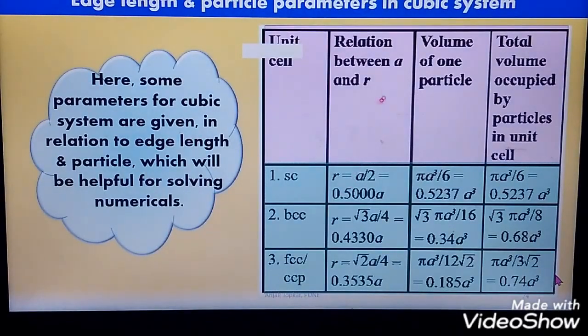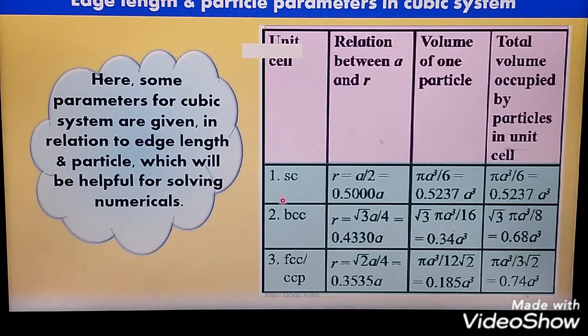In this table, you will find some parameters for the cubic system given in relation to the edge length and the particles, which will be helpful for you for solving the numericals.